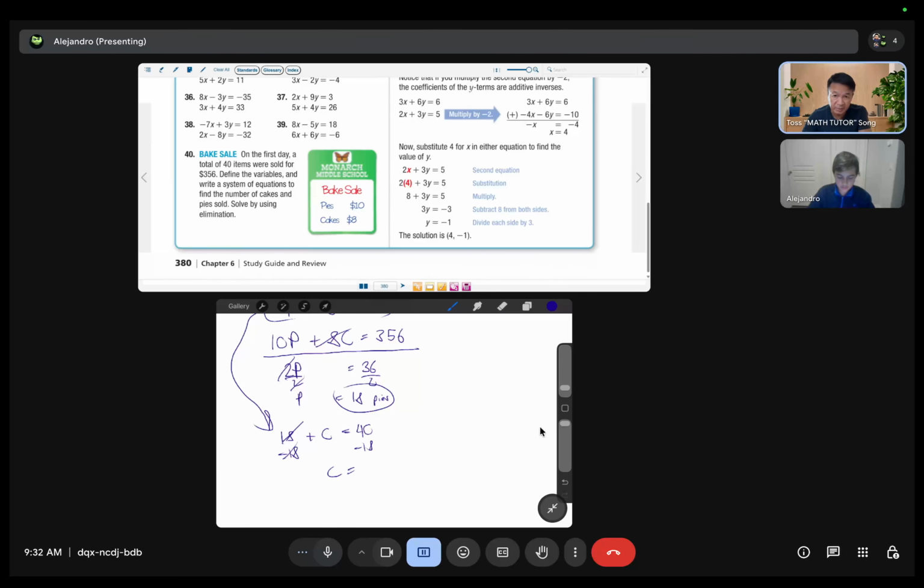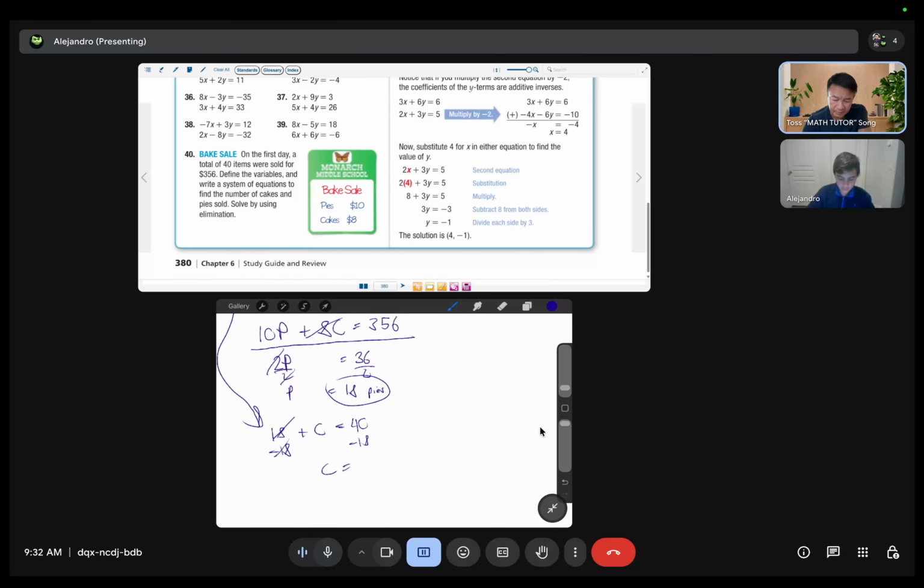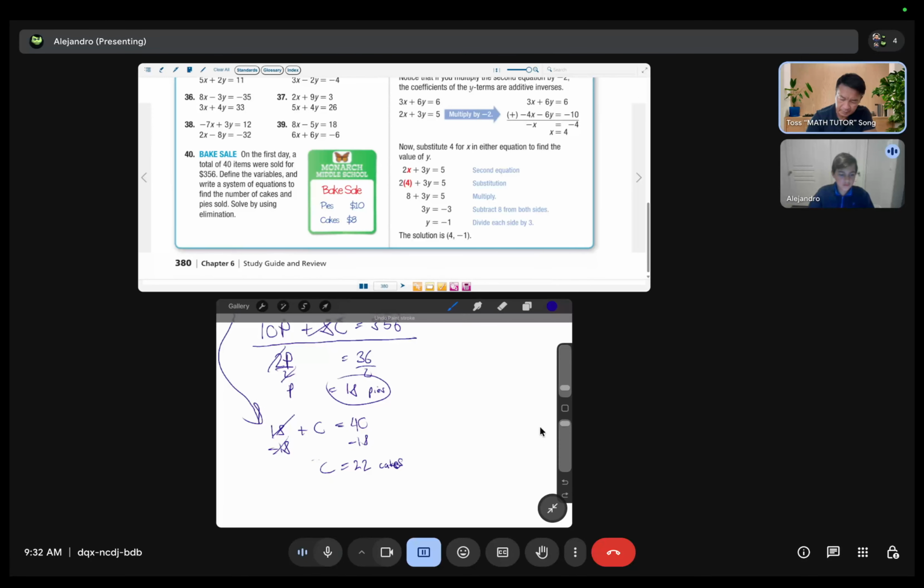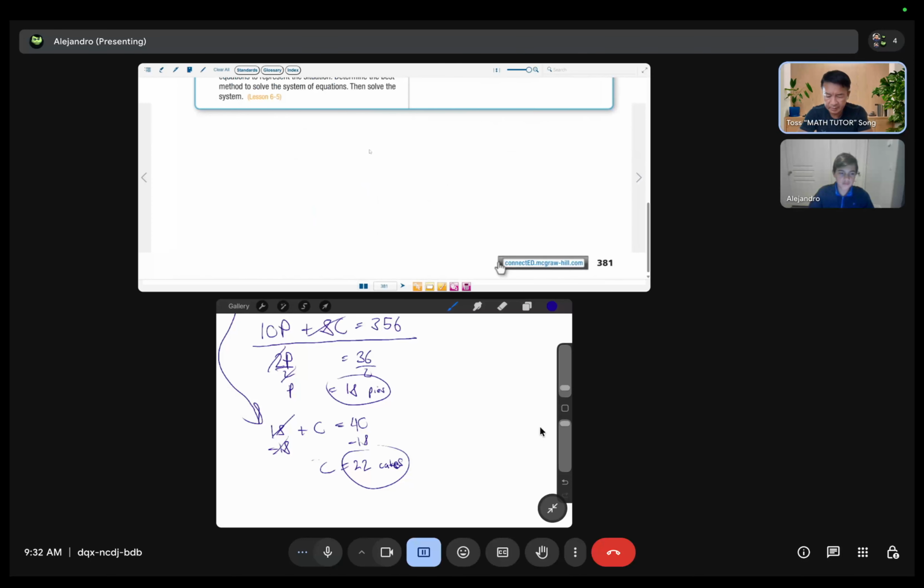To me, that's actually more challenging than these ones we've done so far. Anyway, what is this going to be? 22? Yeah, 22 cakes. They make you practice over and over, so I'm glad. So there's 18 pies and 22 cakes.